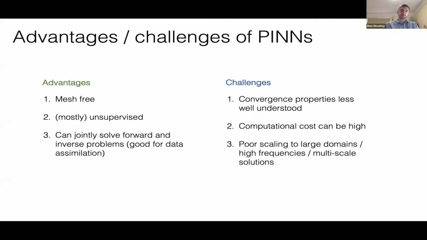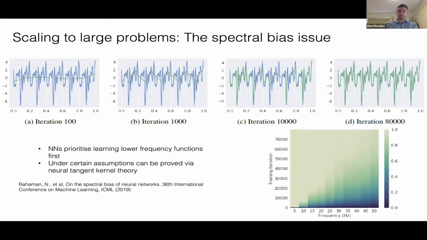Another thing is that PINNs, if you just train them to learn the single solution, usually the computational cost is much higher than just doing a standard traditional simulation technique. And then the last one is scaling to larger domains. So I'm going to focus on the last challenge.